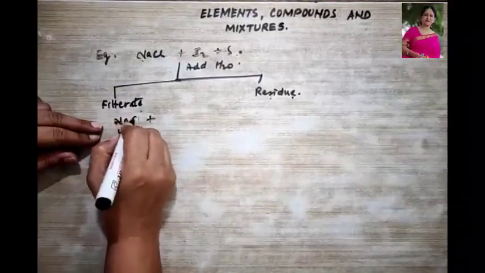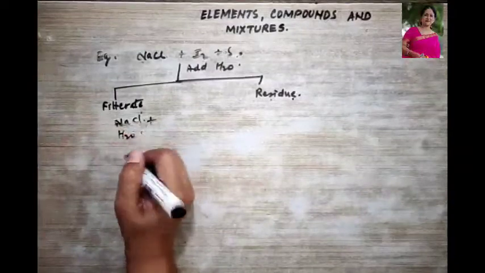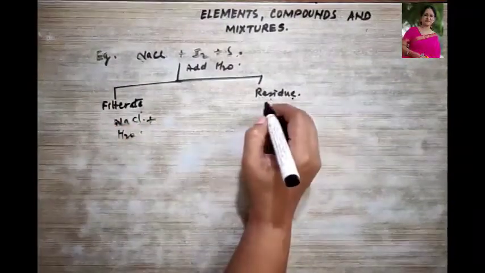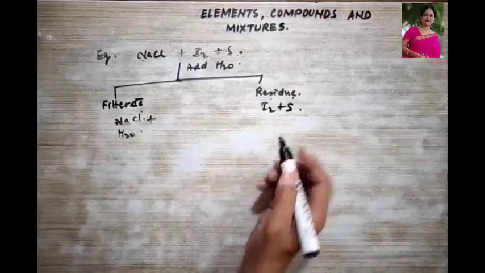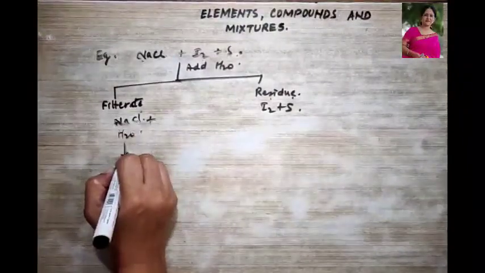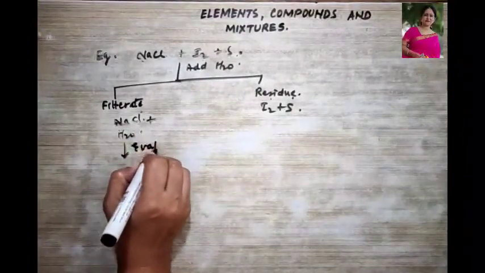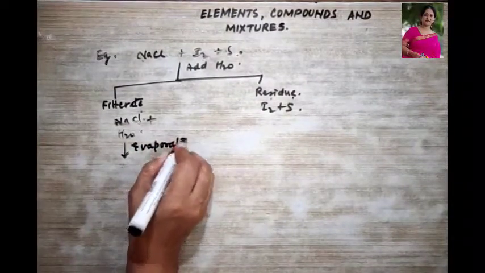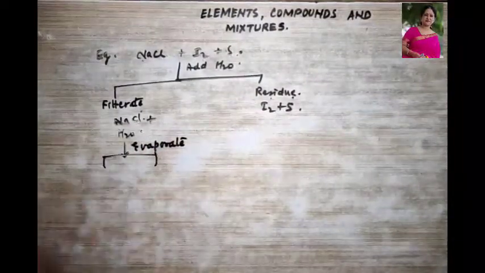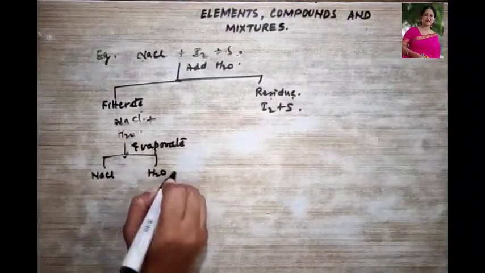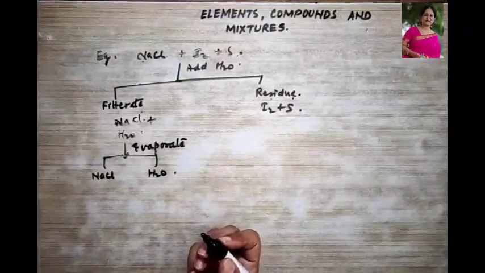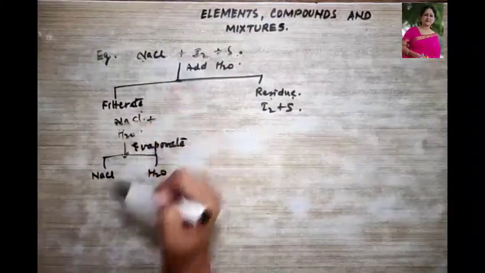Is this clear? So your filtrate will be NaCl plus H2O, and what will be your residue? Iodine plus sulfur. Okay, now further when we are going to evaporate, then we will get two things. We will get NaCl and water will go away into the air. So we have obtained NaCl.